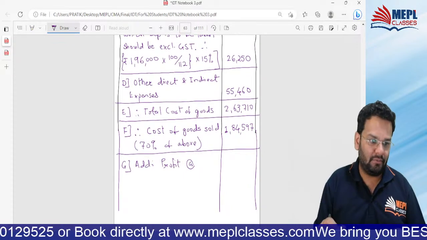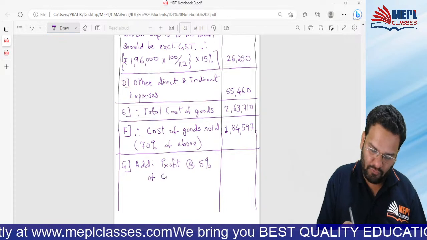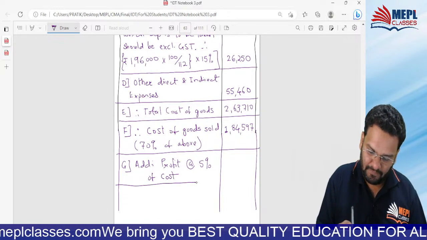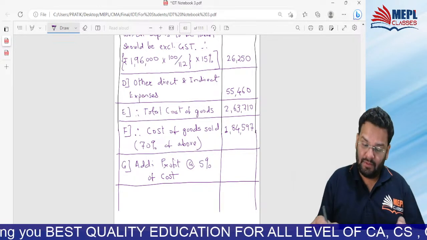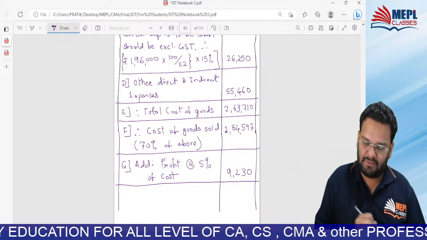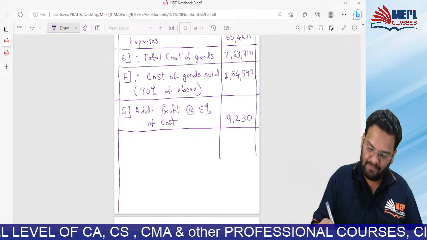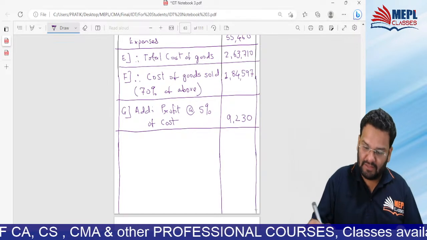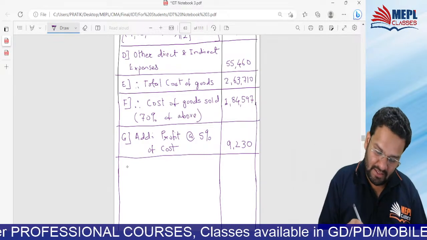So calculate profit at 5% of cost. Are you getting it as 9,230 rupees? Check. Are you getting it at 9,230? Yes.